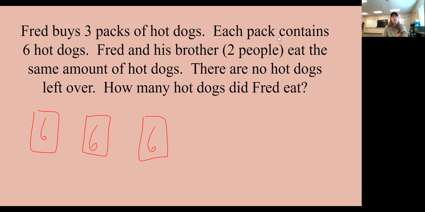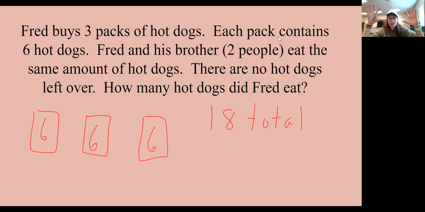Okay, so first we probably need to figure out how many hot dogs there are. We have 6, 6, and 6. So how many hot dogs is that? You can do 6 plus 6 plus 6, or you can do 6 times 3. So you figure out that there are 18 hot dogs. 18 total hot dogs. Okay. Fred and his brother, so 2 people, eat the same amount of hot dogs.